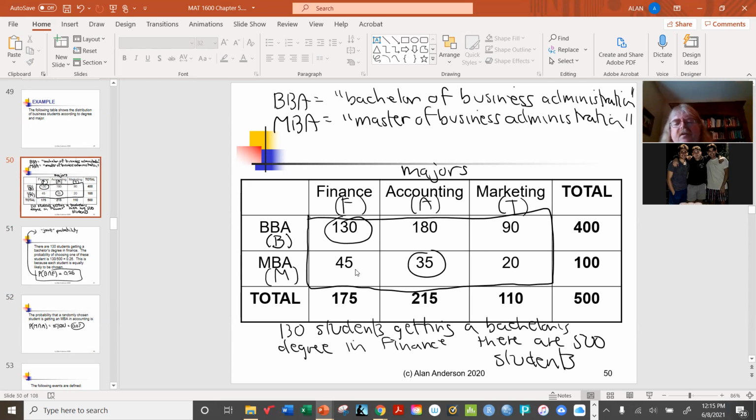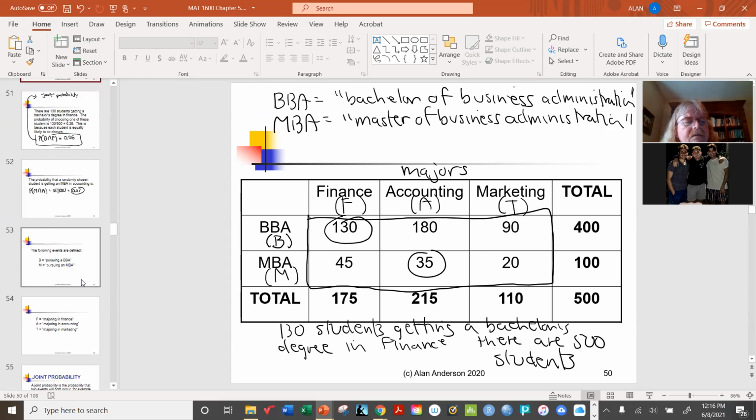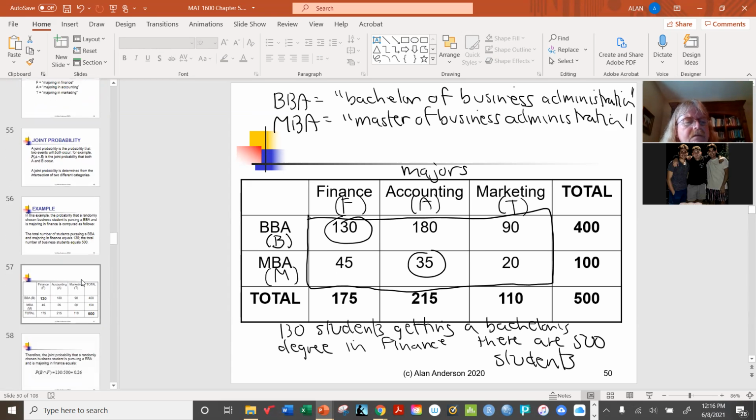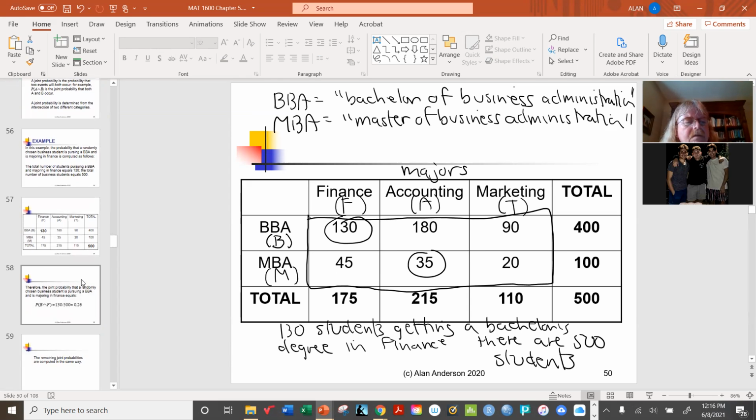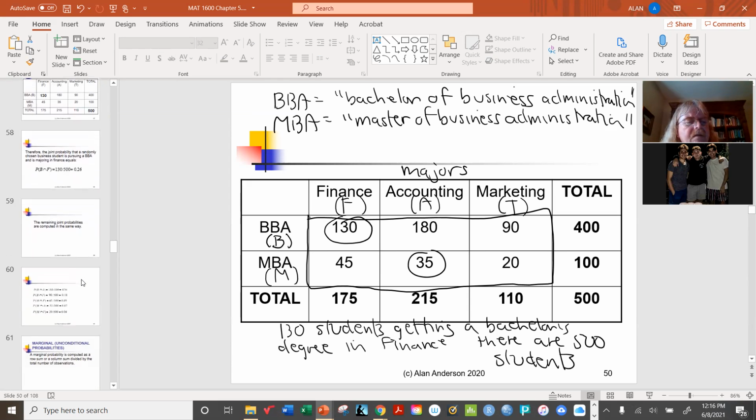Okay, but there's other probabilities in here as well. Suppose I ask a question like this. What's the probability of getting an MBA?